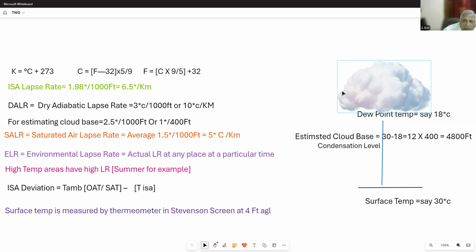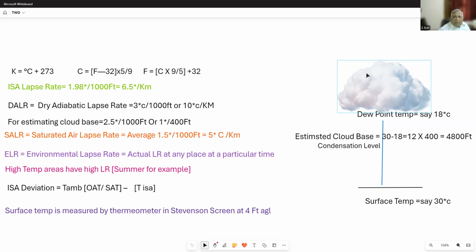After the cloud starts forming, latent heat is released to the atmosphere. So when you go up the next 1,000 feet beyond 4,800 feet, the parcel will cool down due to the lapse rate, but also warm up due to the latent heat received, and the net fall may be extremely small. The parcel has now become saturated.